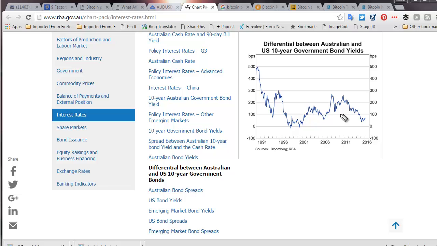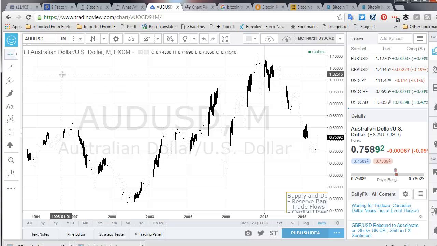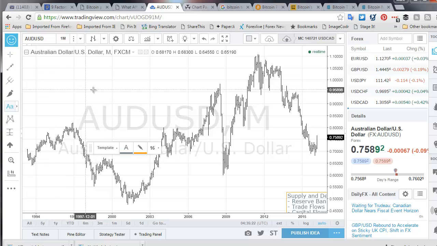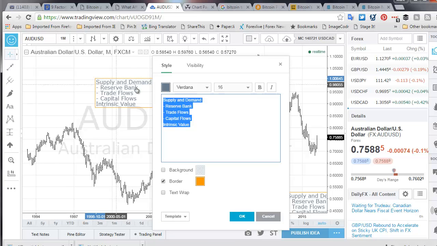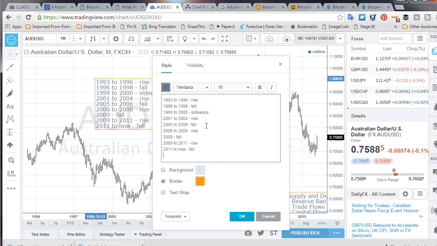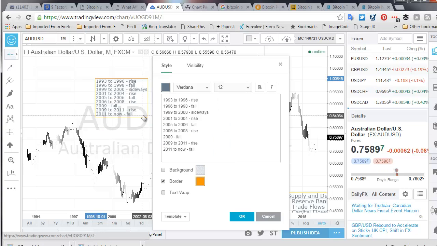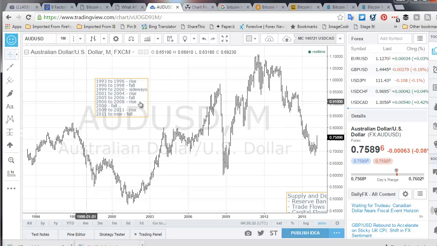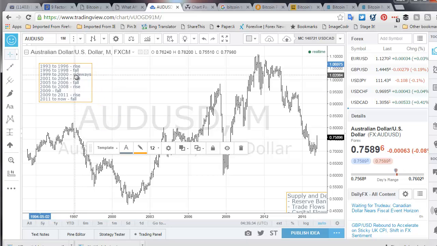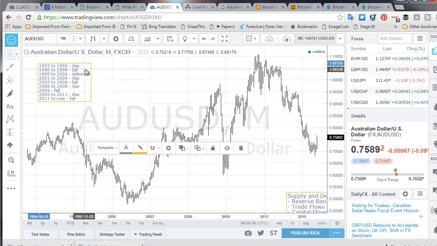Now I'll put those arrows onto the chart and do a little bit of cheating to do that. I've written all those rises and falls down into a note, and then I've just written them up in this box here so we can see where my cursor is.